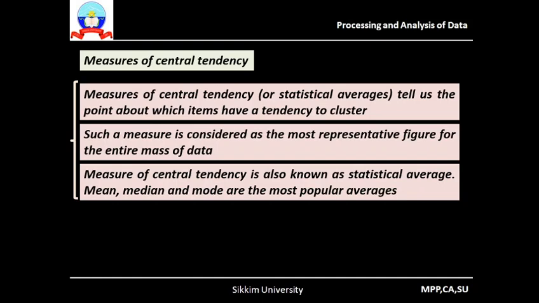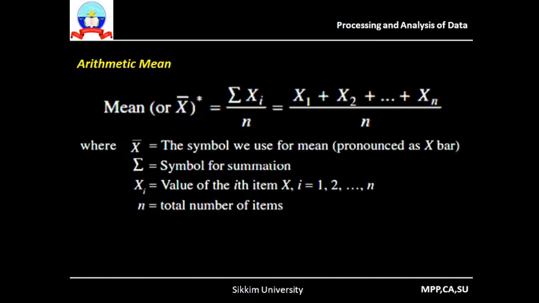The measures of central tendency is also known as statistical average. This we have already seen. So mean, median, mode are the most popular averages. Now let us move on to each of these types of statistical averages. Now starting with mean.